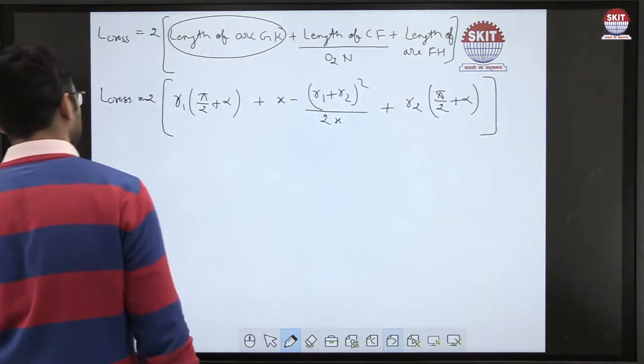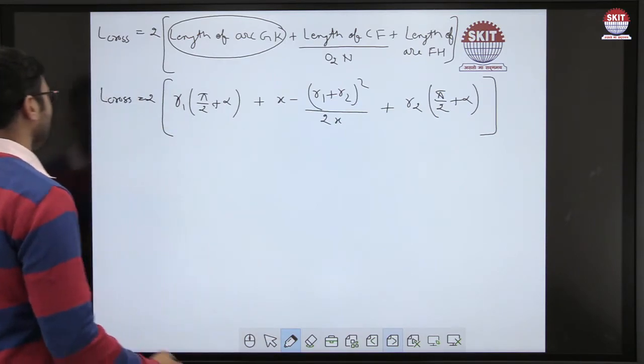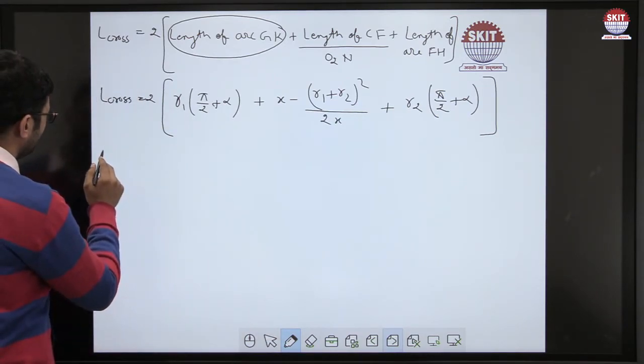We simplify this equation and find the final formula of L cross.